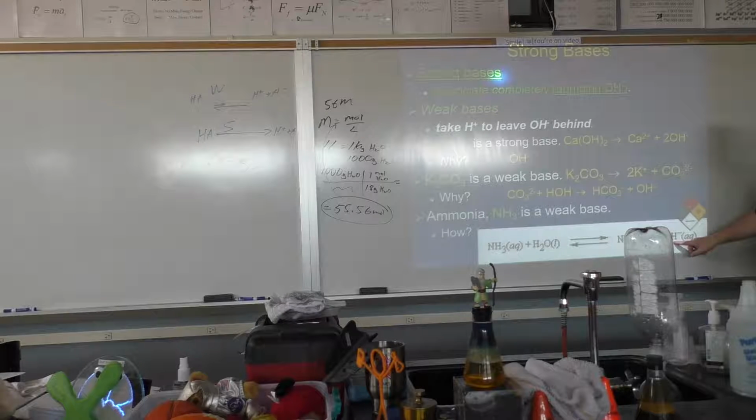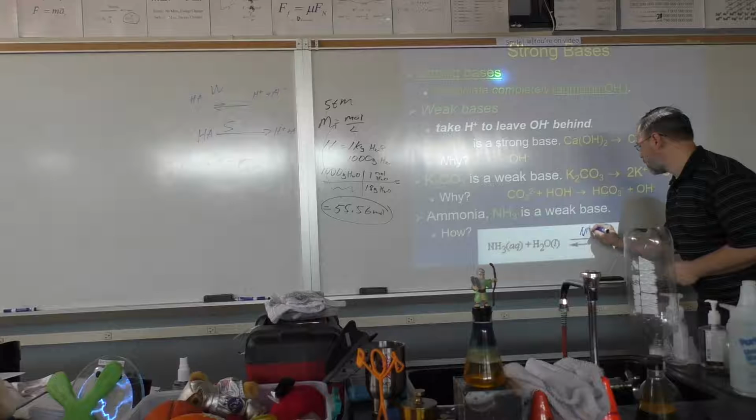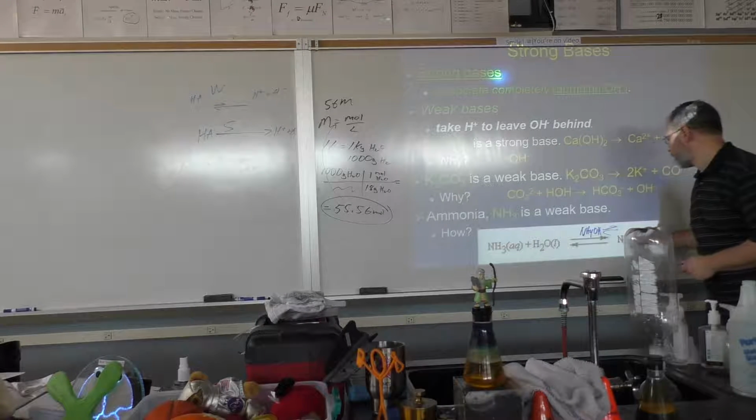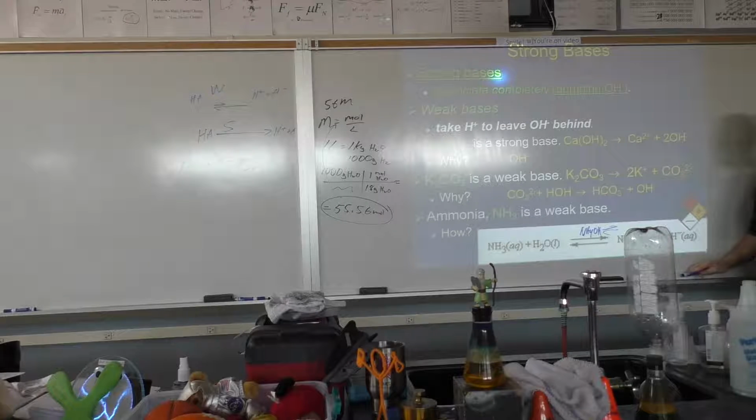Okay? Now there's a missing step in here, in that you actually make NH4OH, and then that's in equilibrium with the NH4 plus and the OH minus. So classic example of a weak base is ammonia. One we use a lot. Ammonia is a really fun molecule.